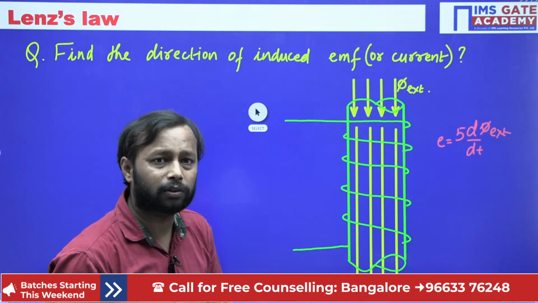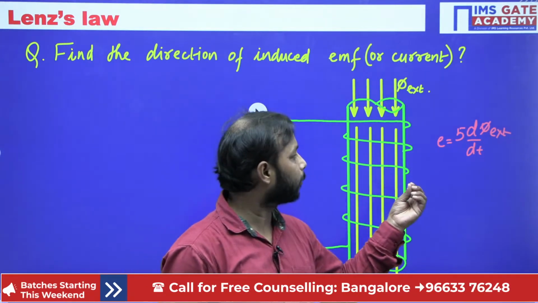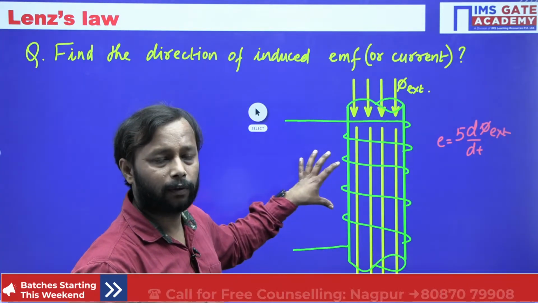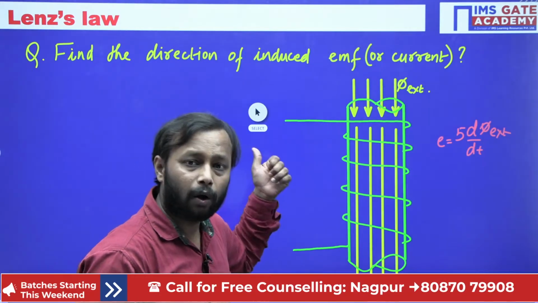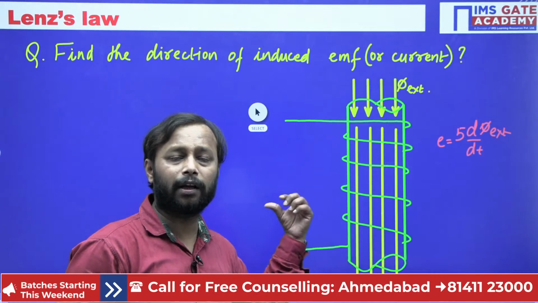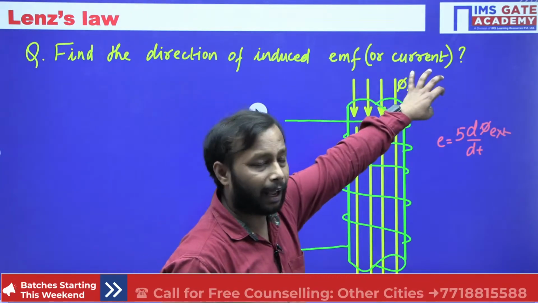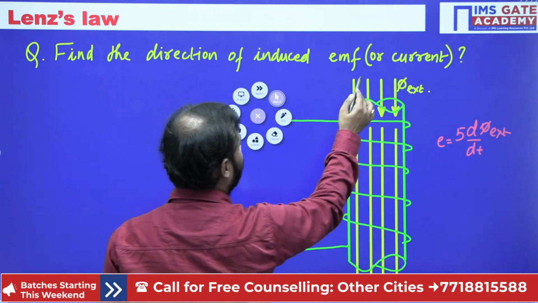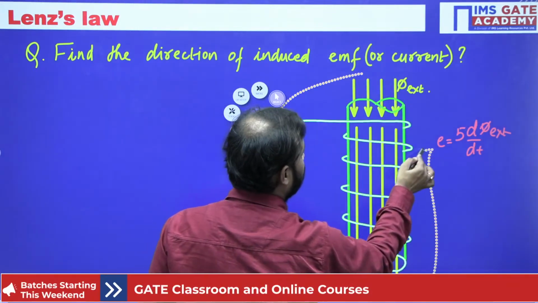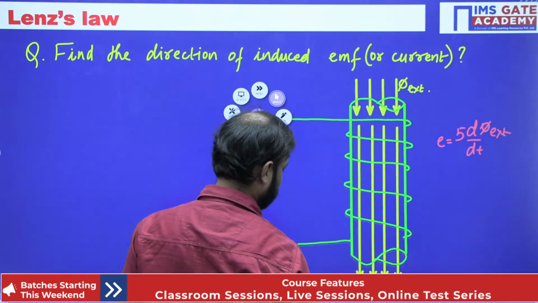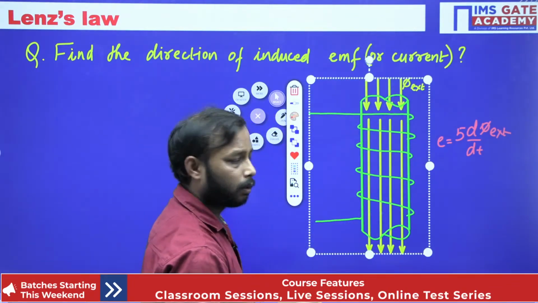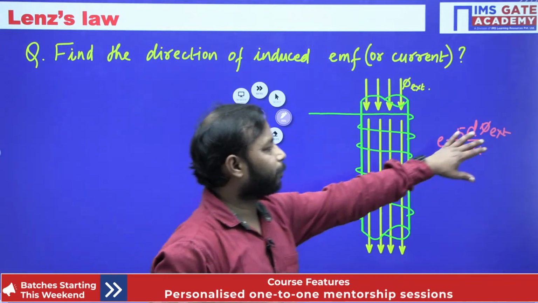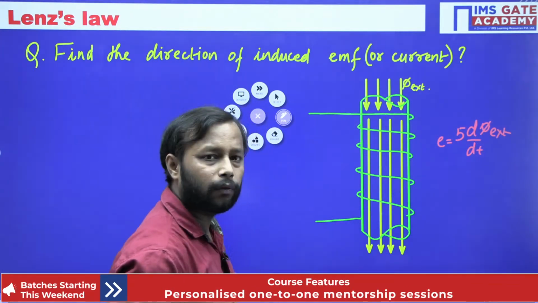So here, what is the cause? The cause is the production of EMF, and this EMF is induced whenever we have this phi external, isn't it? So this phi external has to be opposed. Now how will it oppose?